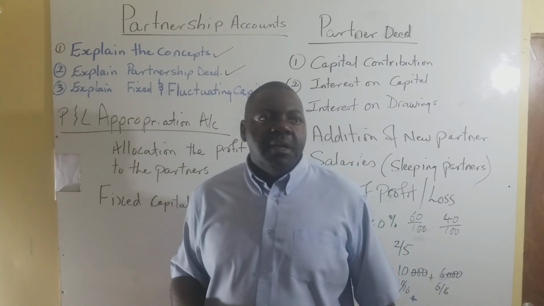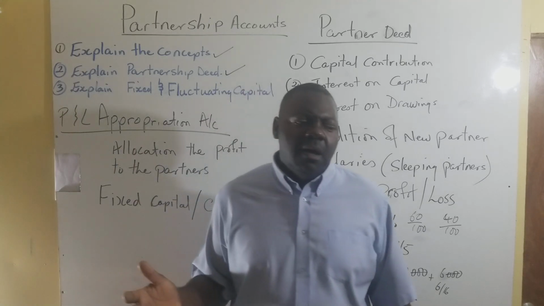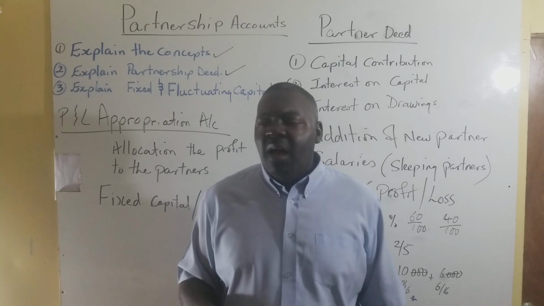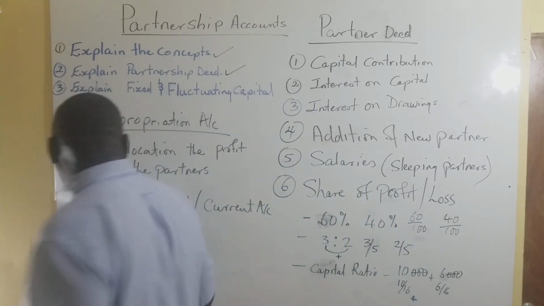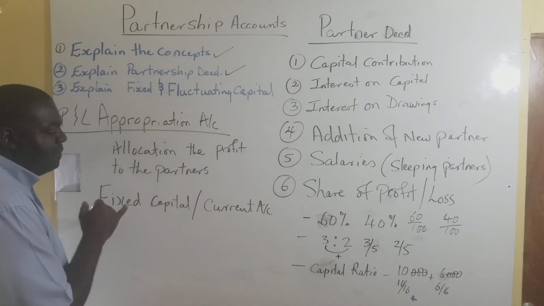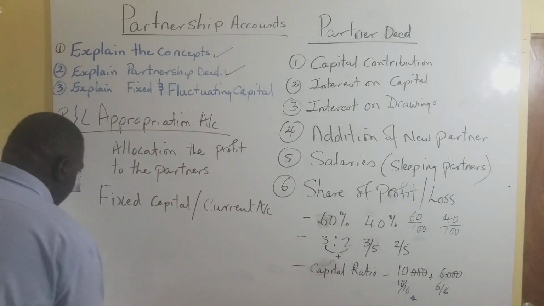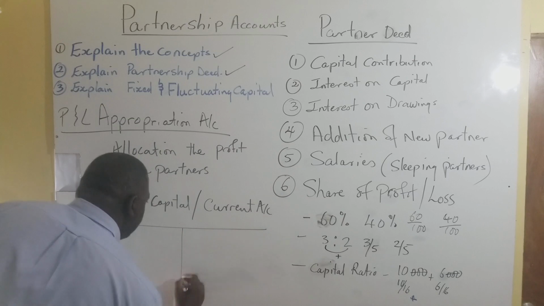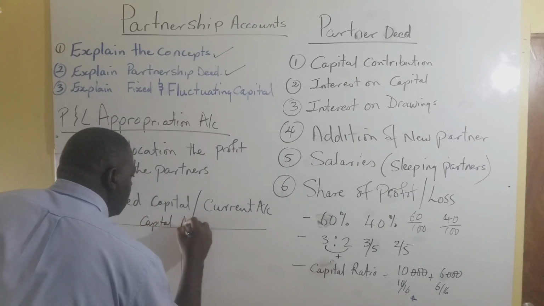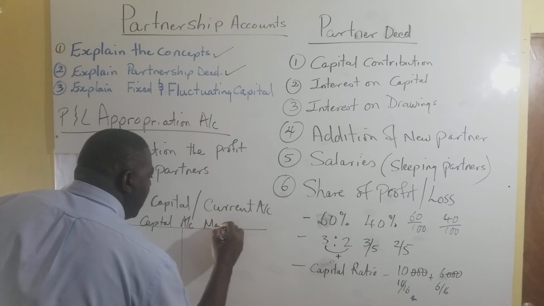Or if the partner has taken out anything significant out of the business, right? So the point of the matter is that fixed capital exists by virtue of the fact that, let me just point out. So for example, you open the capital account, and it is for Mark, right?